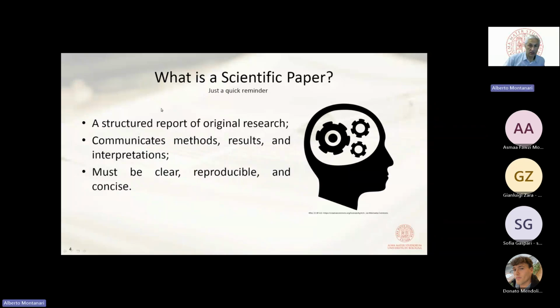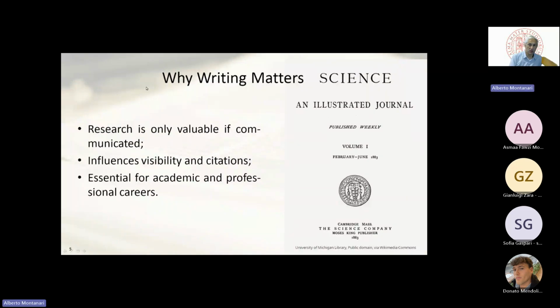Okay, so we have to write this scientific report, and the reason why we write it is this is the first volume of Science. Science is one of the most reputed scientific journals at the global level.